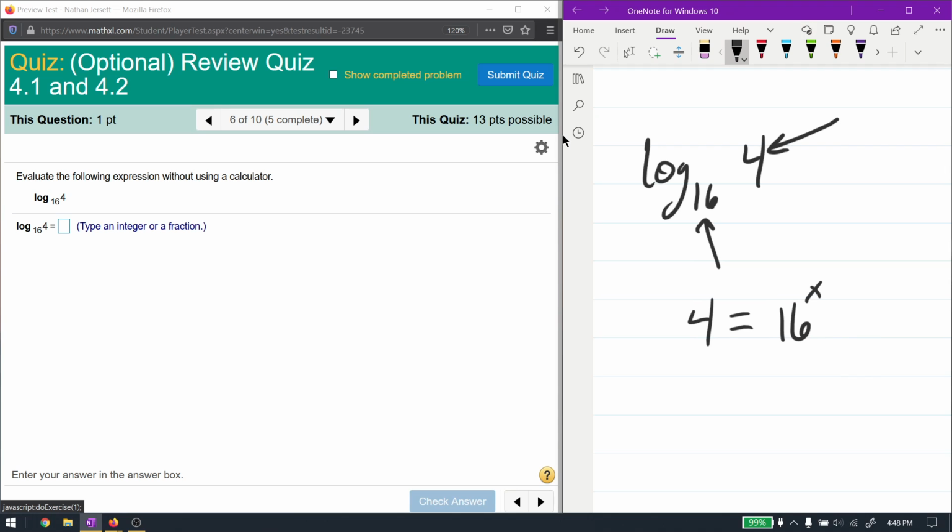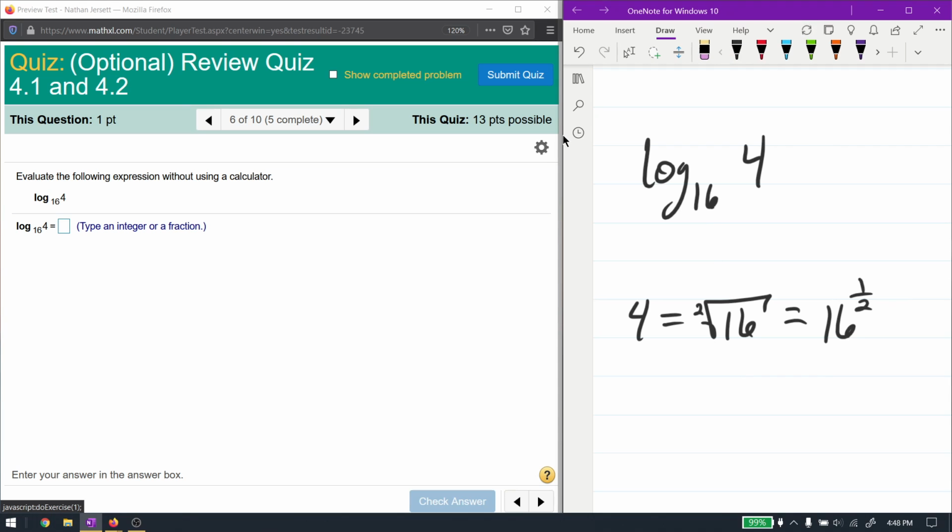And if you think about it, 4 is the square root of 16. The square root is the same thing as the power of 1/2. They're both the same. So I can rewrite 4 as 16 to the 1/2.